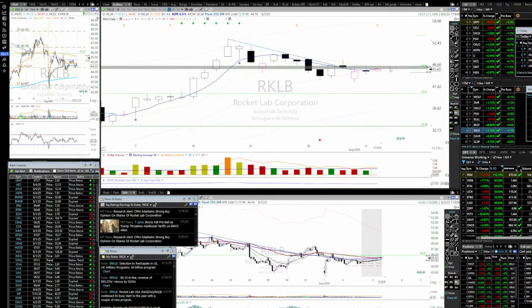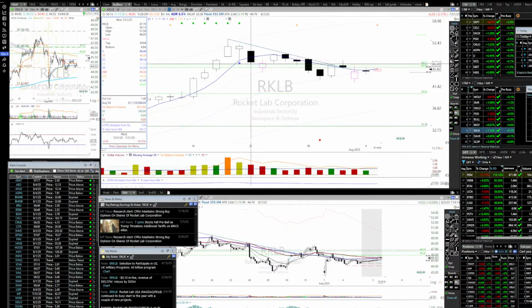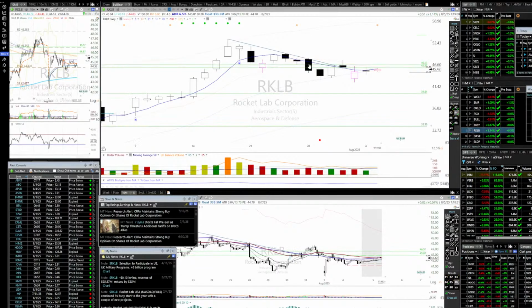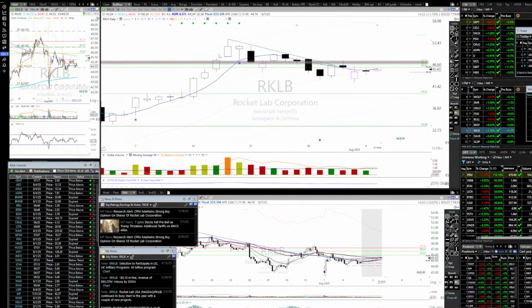Maybe pivot should be staggered. So more like this. Problem though is this supply here and also here.